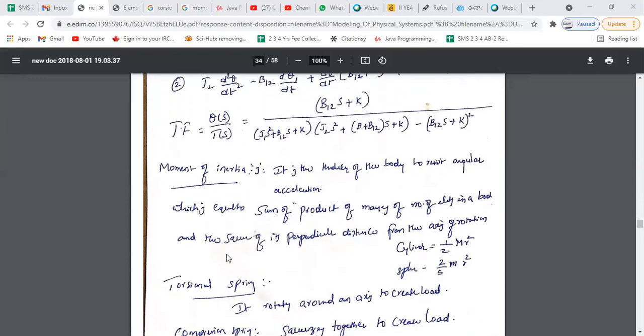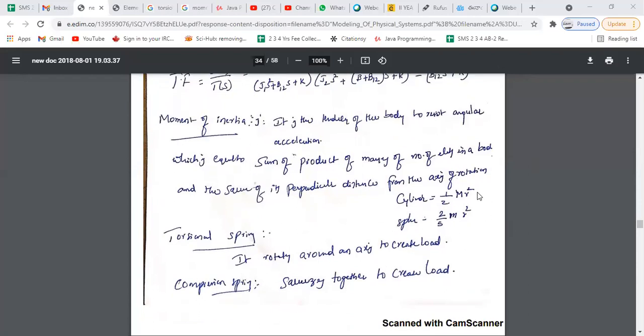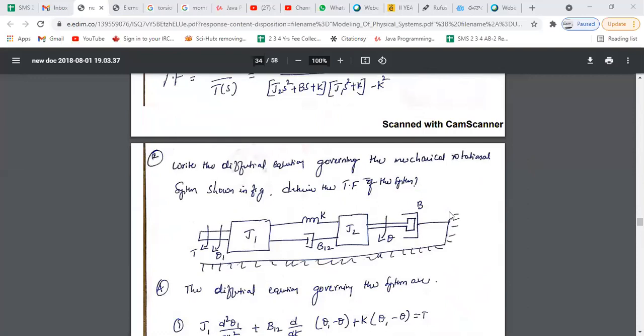So what is moment of inertia? What is torsion spring? Right, I have defined them here. Is it clear, all of you?